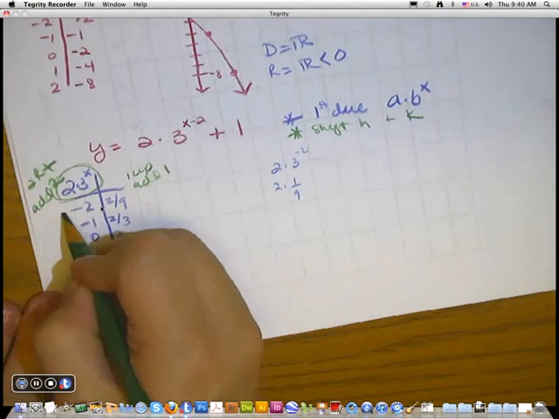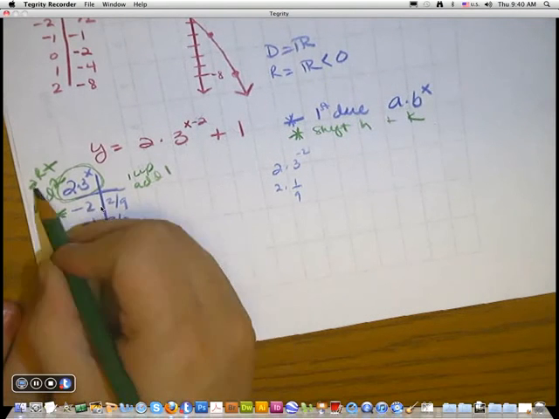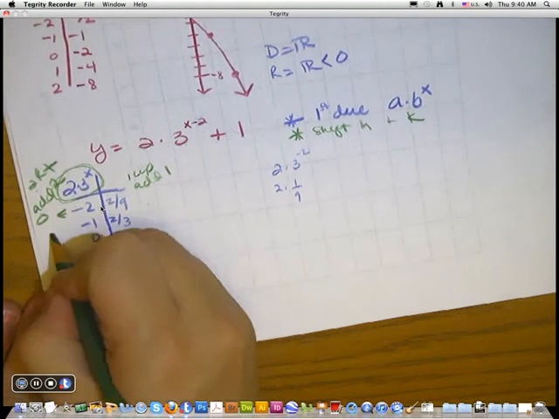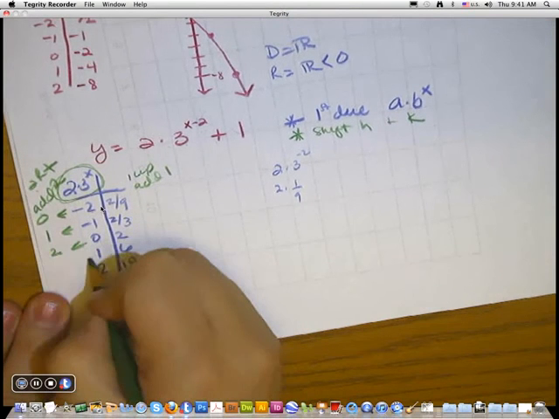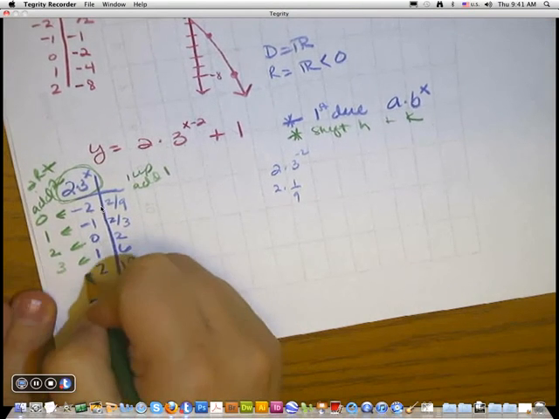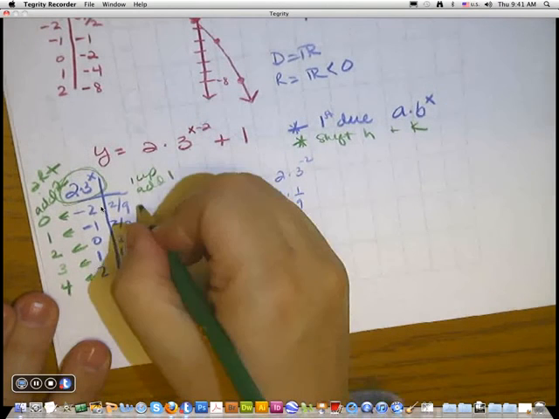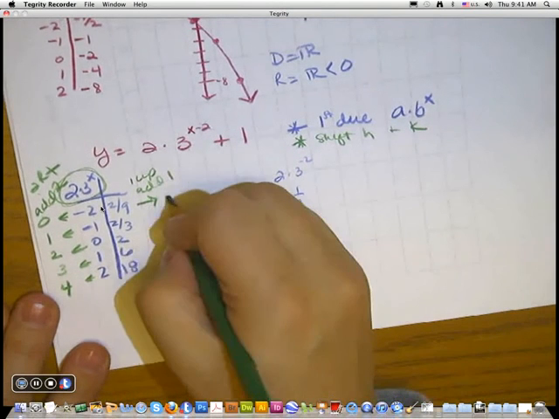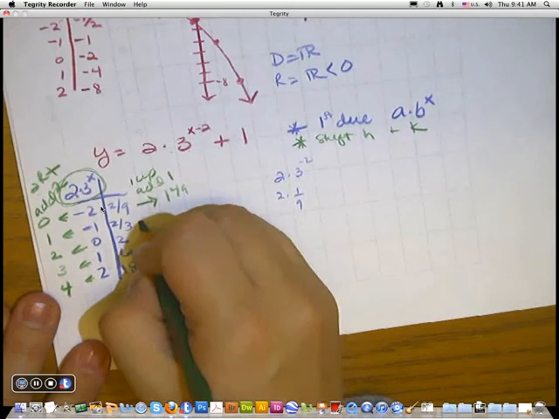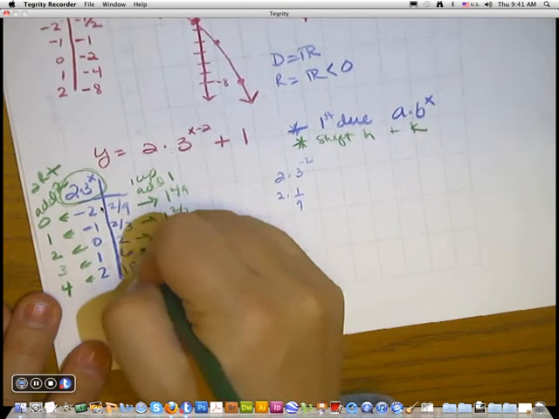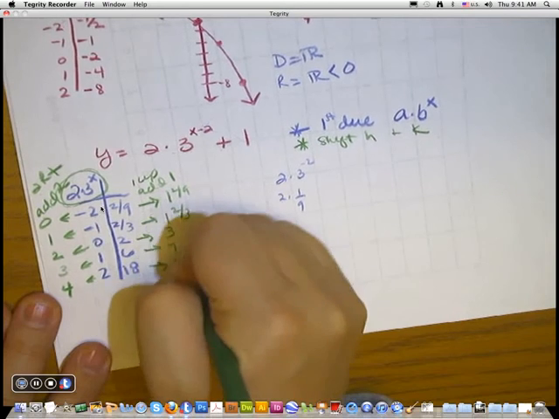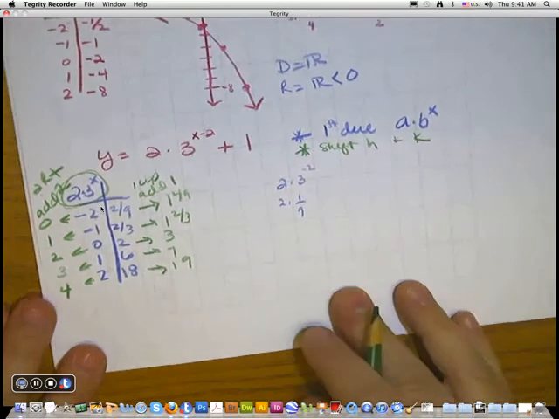So this x is actually going to become negative 2 plus 2 is 0. That's going to become 1, 2, 3, and 4. The shifting on this is going to be 1 2/9, 1 2/3, 3, 7, and 19.